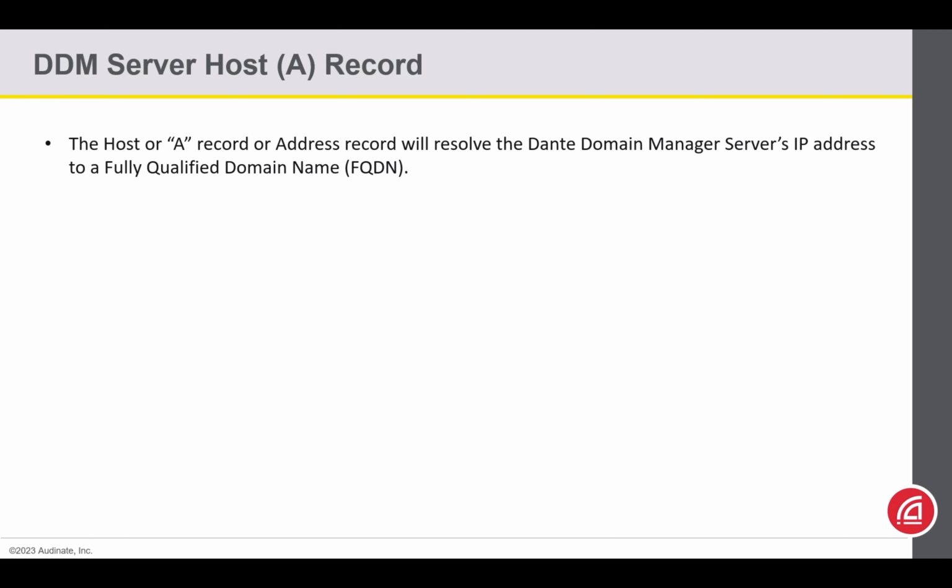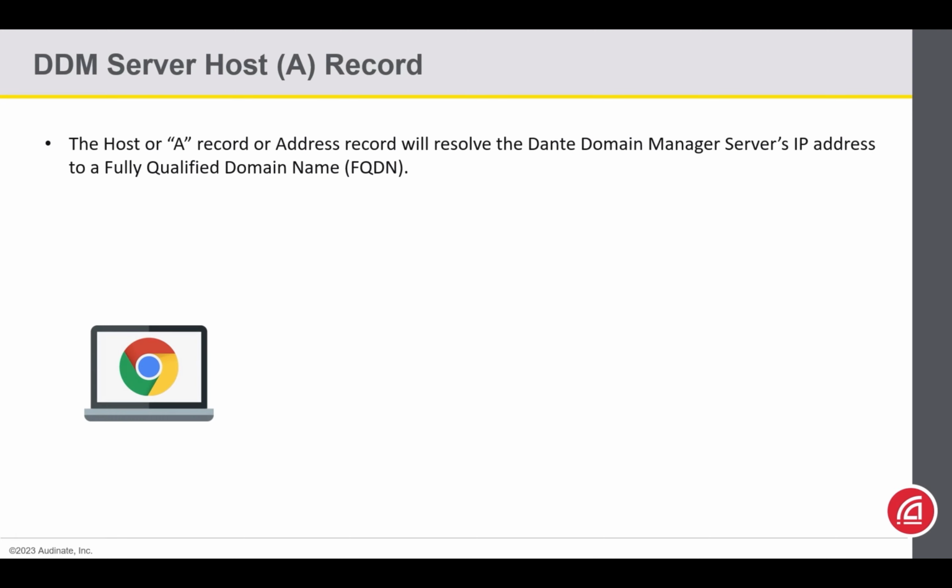Also remember that devices that have a static IP addressing via Dante Controller cannot be discovered with DNS-SD, because it doesn't include any search path or domain field. The next step is to set up records for the DDM in the DNS server. With this, we can go to the DDM server using its fully qualified domain name, or FQDN, instead of its IP address.